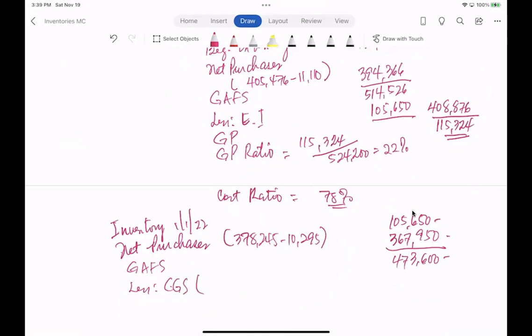Deduct cost of goods sold. That is based on sales. Your sales is 450,200 up to the date of fire minus sales returns and allowances of 51. Multiply this by 78%. Again, 450,200 minus 51 times 78%. So that is 347,178.